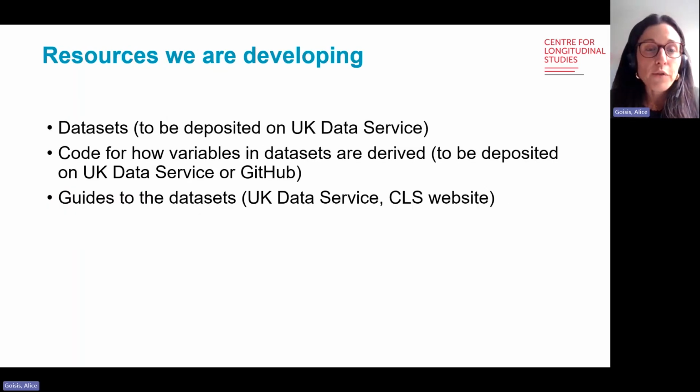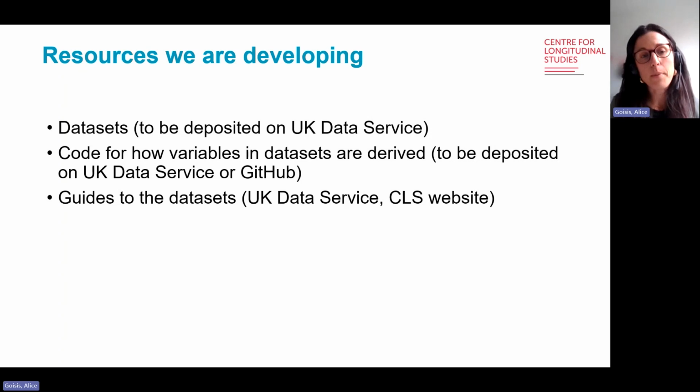So in terms of resources, these are the ones that we are developing at the moment. So first of all, data sets. So we are producing data sets that will be deposited or have been deposited on the UK Data Service. These data sets have the same IDs that are used in the main data sets, so you will be able to link them and merge them with the main study data sets. We'll also be providing code for how the variables in the data sets have been derived.